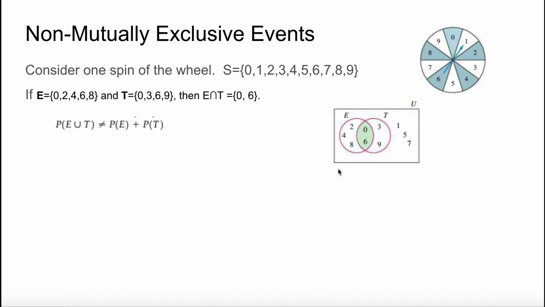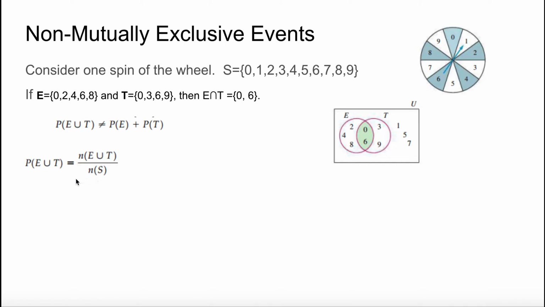Okay, so what I'm saying here is their union. So event E and event T are not mutually exclusive because there are some elements that are in both events, right? So in that case it's non-mutually exclusive, or they are not mutually exclusive.